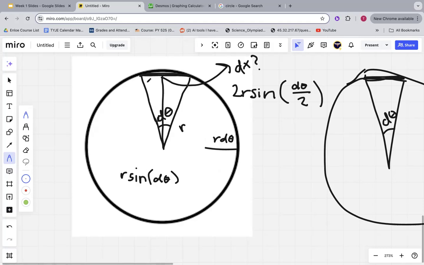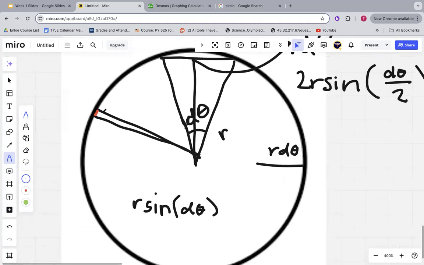Now, why is that? Let me erase this. The way that I, as a physicist, would think about this is that this length and that length are close enough. Why do I say they're close enough? If you look here, can you really even tell that this is not part of the circle just with your eye?